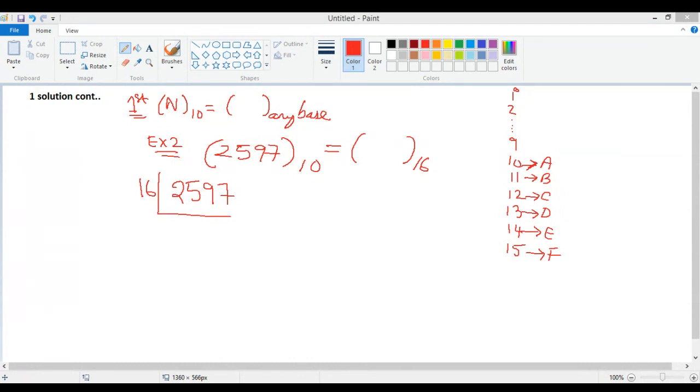Let's do it like this. 16 ones are 16; 16 means you have 25. So how much does it go? 17, 18, 19, 20, 21, 22, 23, 24, 25. So 9.